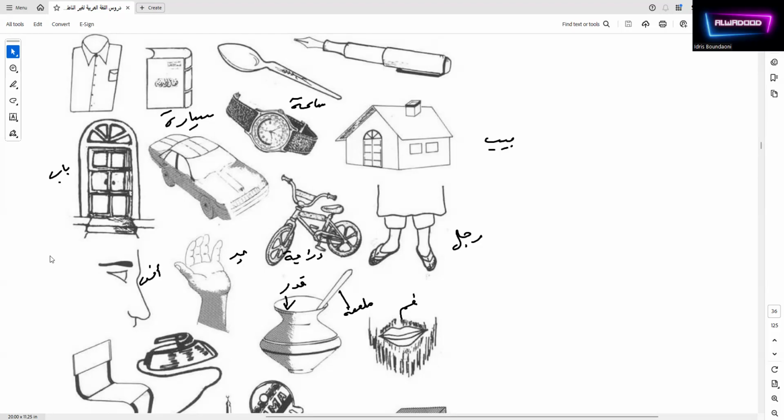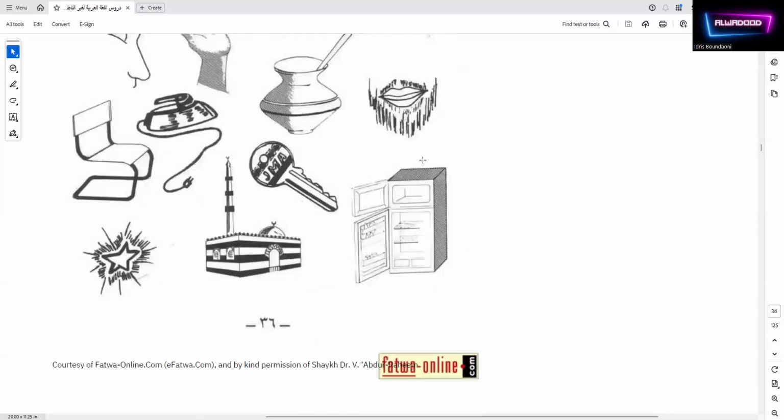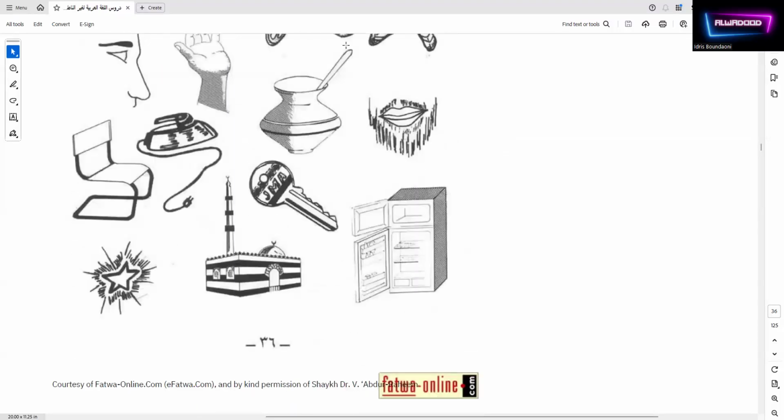So you should be able to identify all these objects by now, right? Because these are previously learned objects. This is miftah, and this is masjid, and this is thallajah, and this is najmun, and this is kursiyun, and this is mikwat.